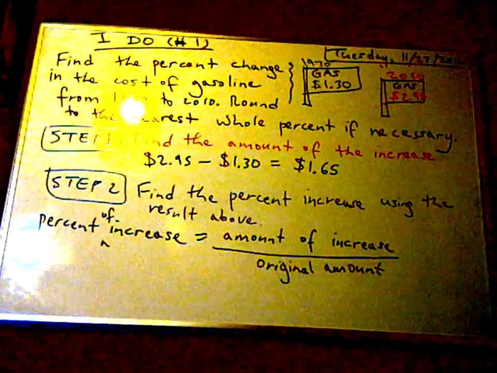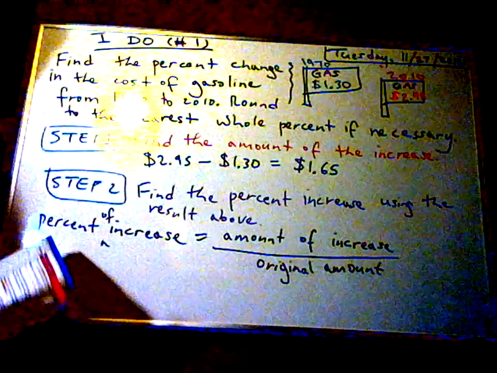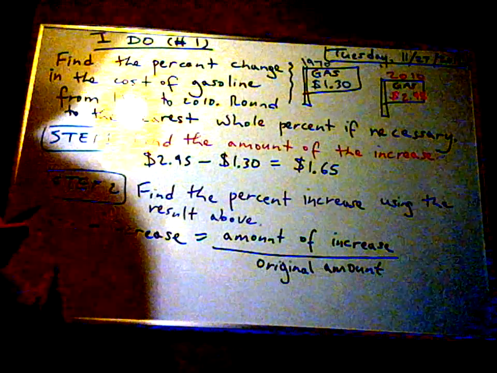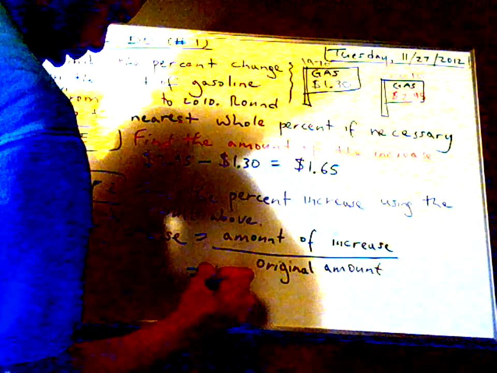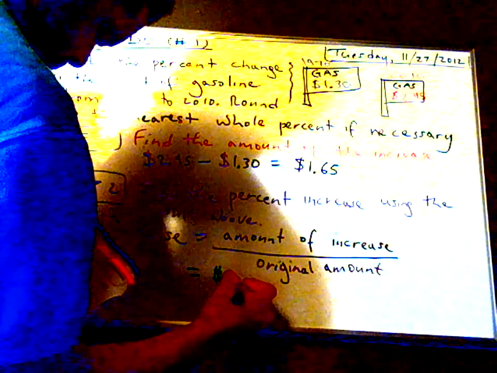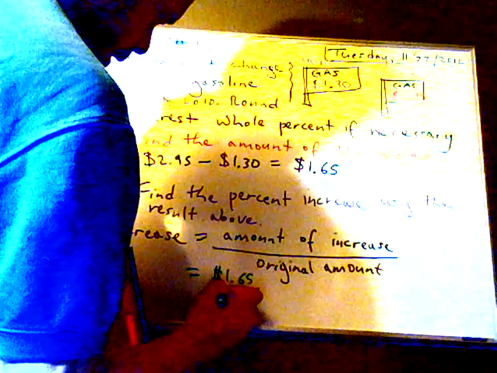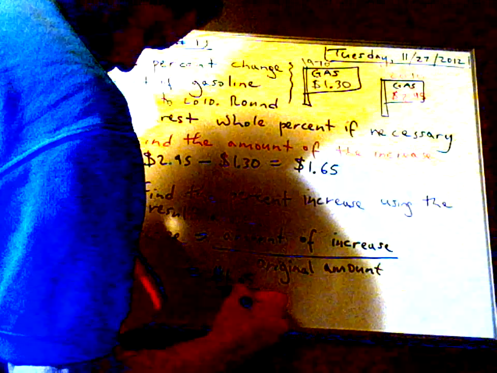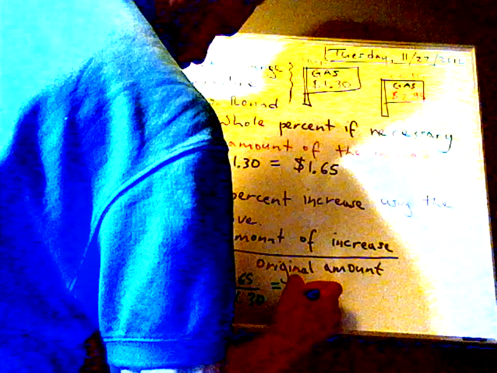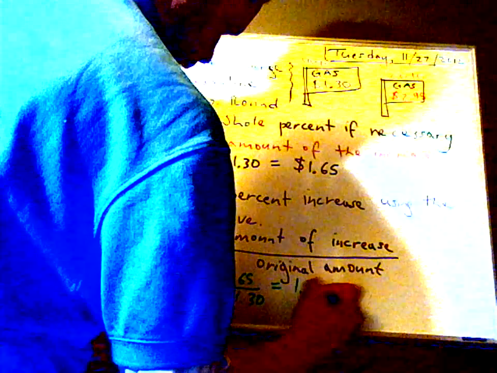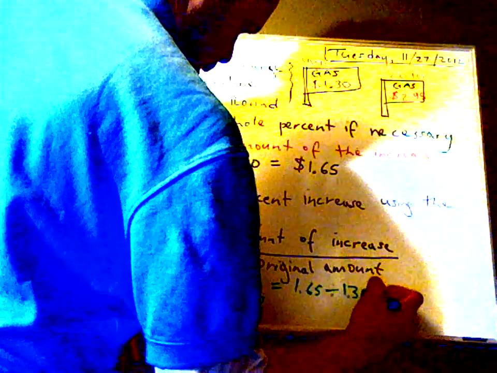Okay, which in this case is going to be equal to $1.65 over $1.30, which you can put in your calculator as just 1.65 divided by 1.30.